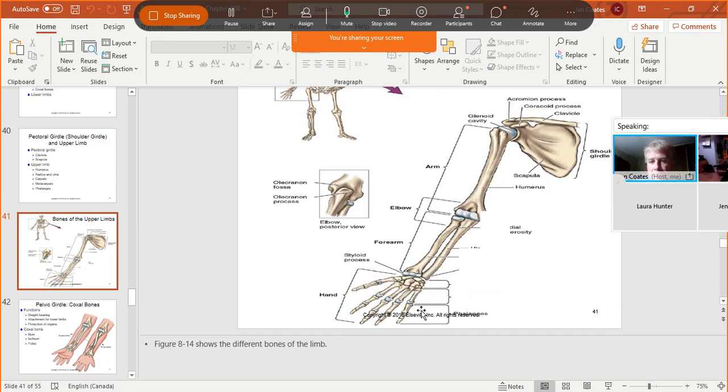Now, have a look here. The bones of the hand we call phalanges. These are also the bones of the foot, of your toes. So the bones of the fingers are phalanges, and your toes are also phalanges.